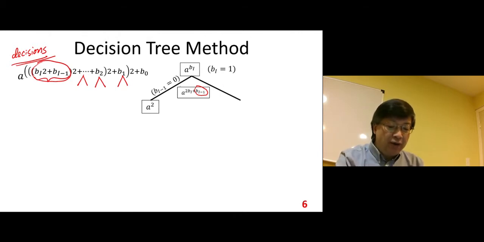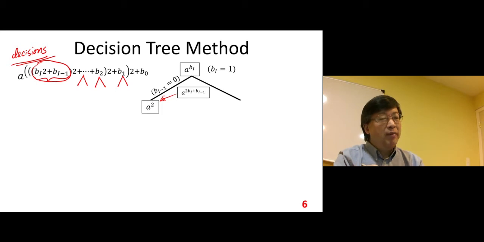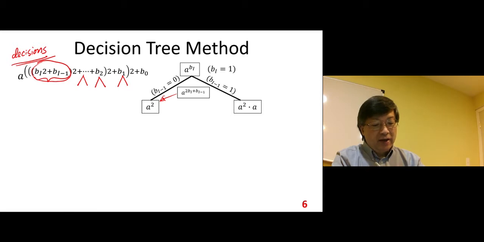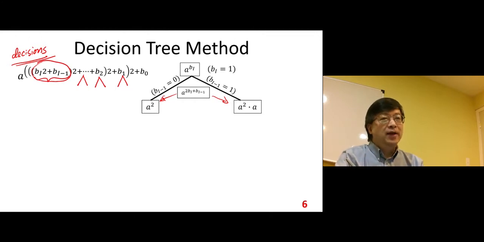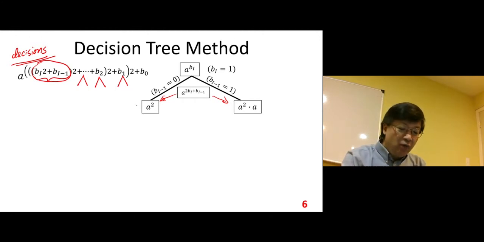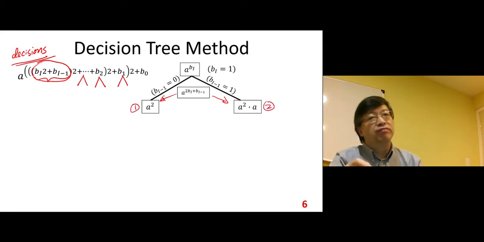If it is 0, this expression becomes a squared, because bi minus 1 is gone. For the other decision, when bi minus 1 equals 1, this expression becomes a squared times a. So here you can see, here we need 1 multiplication, here we need 2 multiplications.